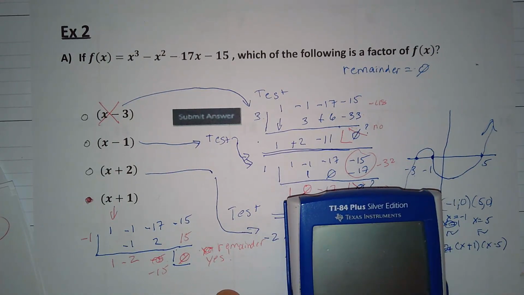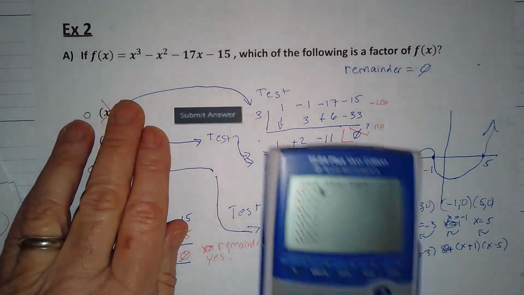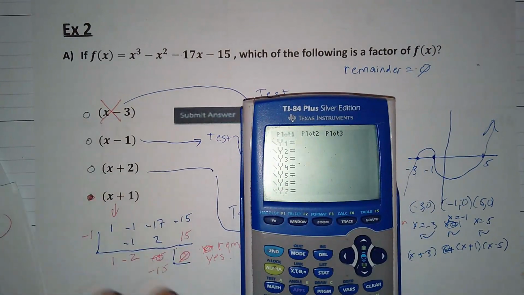Now let me just see if I can do this right without screwing up. So let's clear everything and go over to the y equals. What I'm going to do is put the function in here.